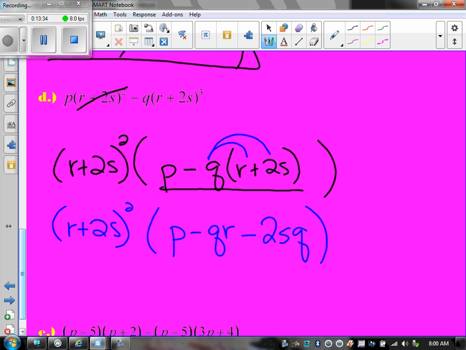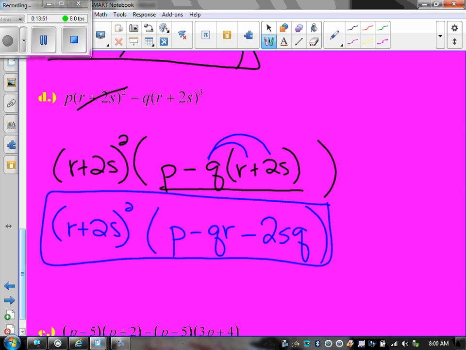Are any of those like terms? Can I take a Q out of all 3 of those? Because that first guy doesn't have a Q, right? He's just a P. This is as factored as I can get it. It's as factored and broken down as I can possibly get it.